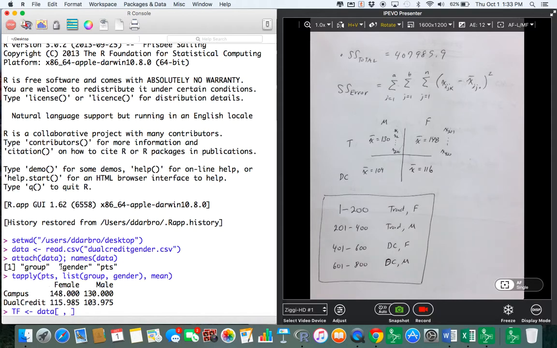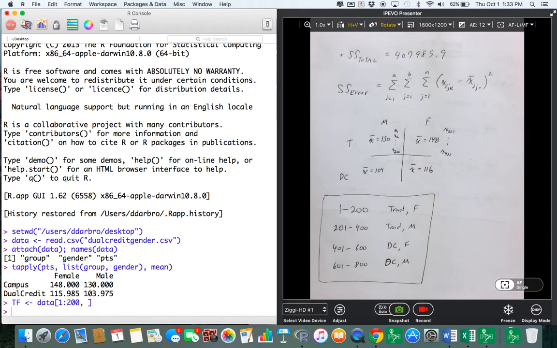So I have 1, 2, 3 variables. I got rid of ID for a reason I won't get into. But I want to keep all those. So what I want to do is go from 1 to 200. And then I'll leave this blank, telling the command that I want to keep all of my variables. The next thing I want to do is my traditional male.